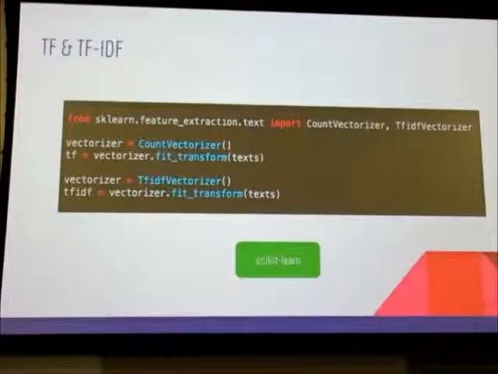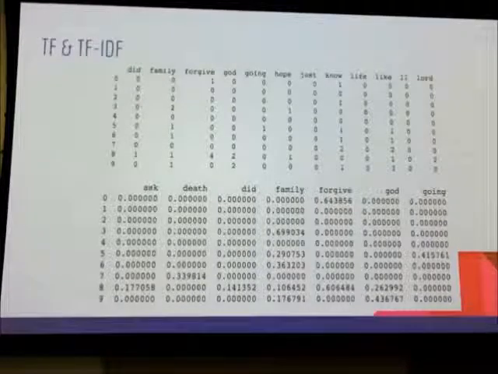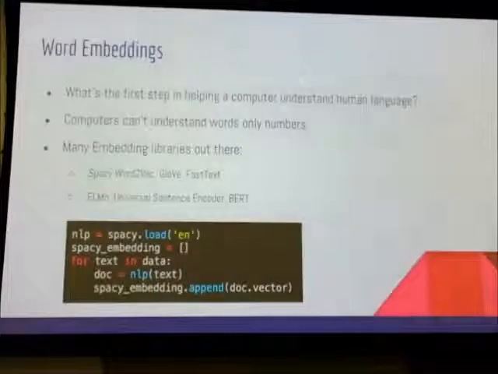To get the TF and TF-IDF, first you create a new vectorizer, then just transform your text data, and the return value will be the numerical data. Here is what the TF and TF-IDF look like. Every row represents one document, and each column represents the TF or TF-IDF value corresponding to that specific word.